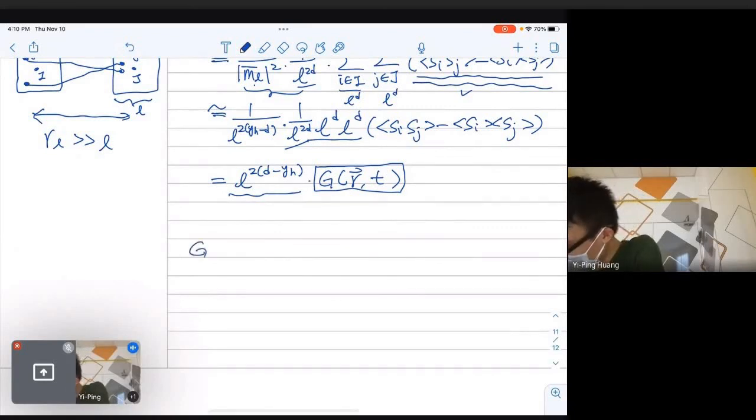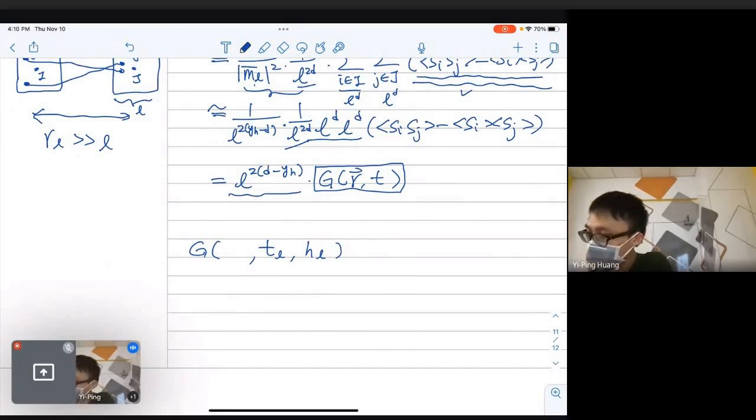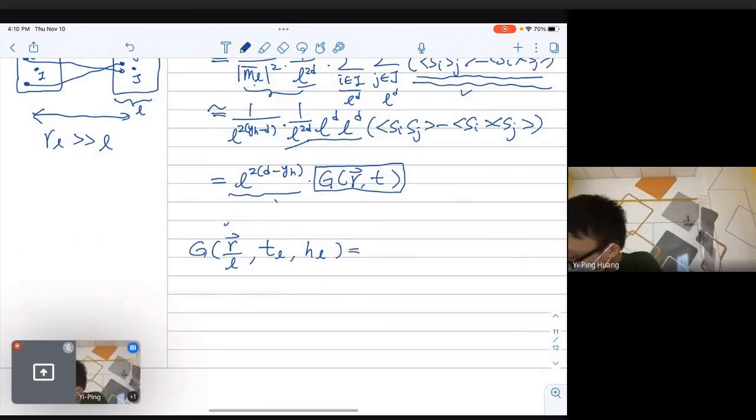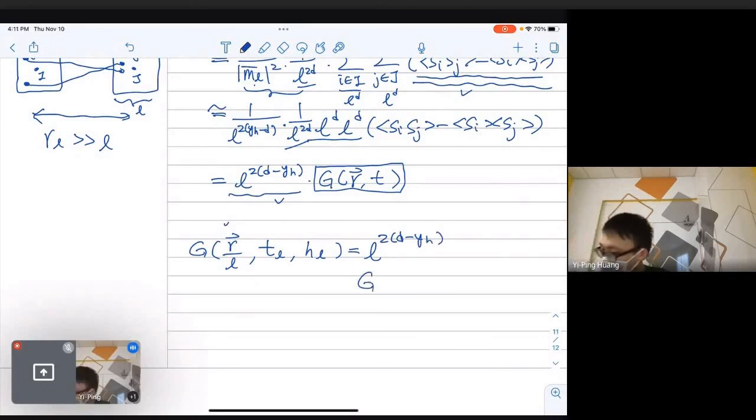We have some Green's function or some correlation function defined by temperature t_L and some magnetic field h_L, and the distance that is measured using the length scale of La is basically the real or physical or dimensionless distance divided by L. And it must be equal to, according to this relation, L to the 2D minus 2y_h times the correlation function, but now it is defined on the original lattice with lattice spacing a, so we'll just use R to represent it, at a certain temperature t and certain reduced effective field h.